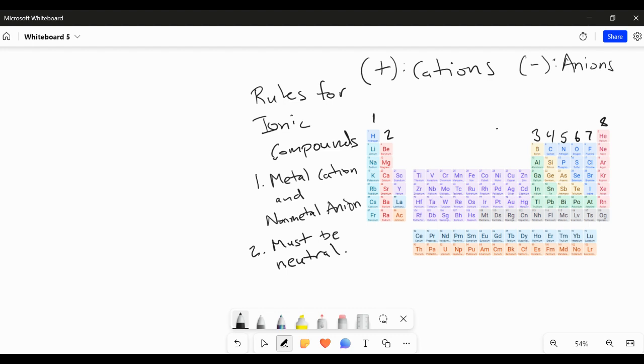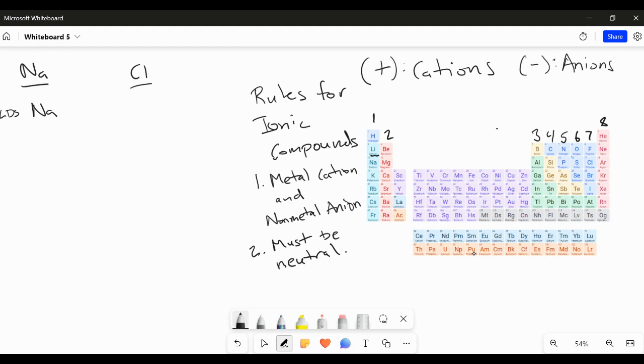So, let's look at a couple examples of this. First, let's look at a simple one. Sodium and chlorine. If we look at the Lewis dot structure, just start with the symbol.